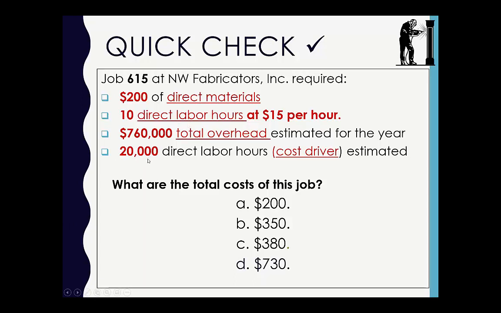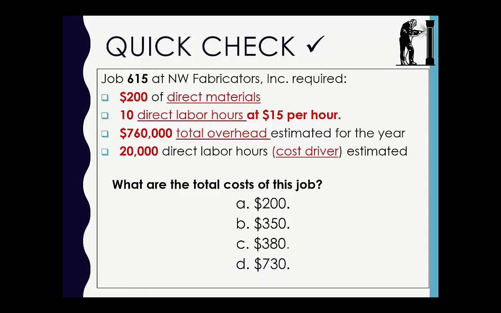If you remember from the previous slide, you will be given the cost driver, you won't have to decide for yourself. Here we just told you the cost driver is direct labor hours. What the heck does that mean? That means that to put this product together, the majority of the cost really comes from our direct labor. If we're a highly automated process, then chances are it wouldn't come from direct labor. I think you can kind of see the difference there.